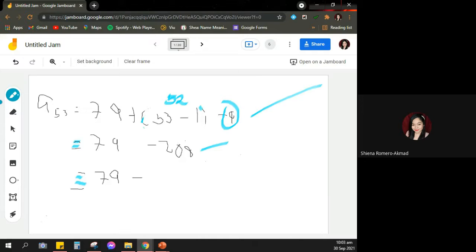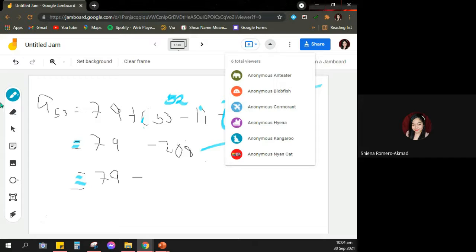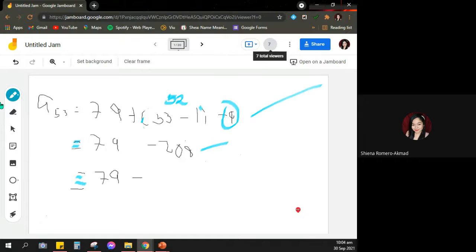Nasaan yung sumasagot nito? Difference na lang nila yung titingnan natin. Nasaan ka na? Yung sumasagot. Nawala na siya. O, ayan, sige, ikaw na lang.